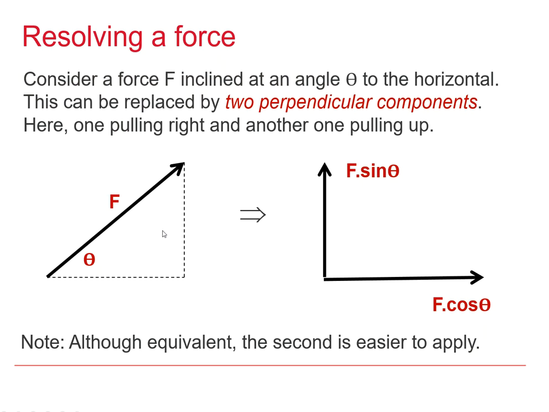Now, this is going to involve resolving forces again, so just a reminder from what we said in the previous video that if we have a force which is making some angle to, in this case, a horizontal and vertical line, although they don't necessarily have to be in that orientation, though they will always be at right angles to each other, the two components that we resolve into, then because we've got an angle theta here, this vertical component is F sine theta.